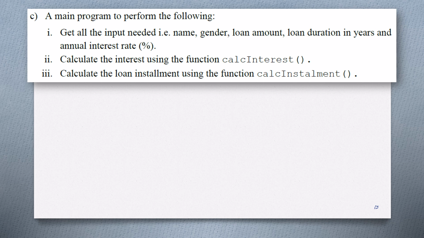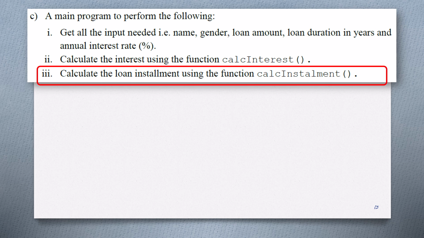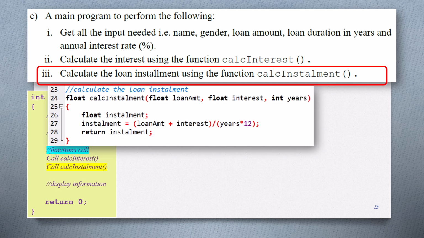Next one, the loan installment calculation. The same thing here. Just take a look at the function definition that we have defined earlier. The function receives three values and then it returns one value, the installment value. So same thing here.